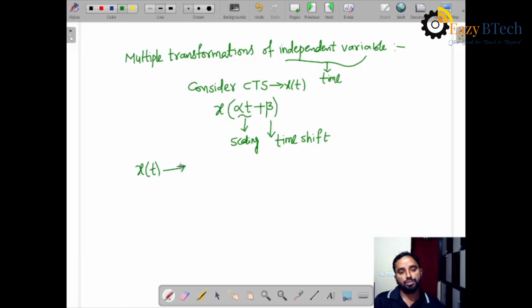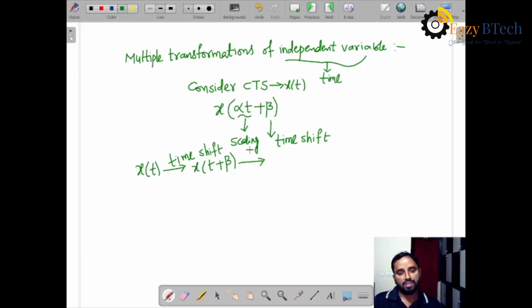Then I do the time shift operation, so it becomes x of t plus beta. After time shifting, we do the time scaling operation by factor alpha, because we want x of alpha t plus beta.